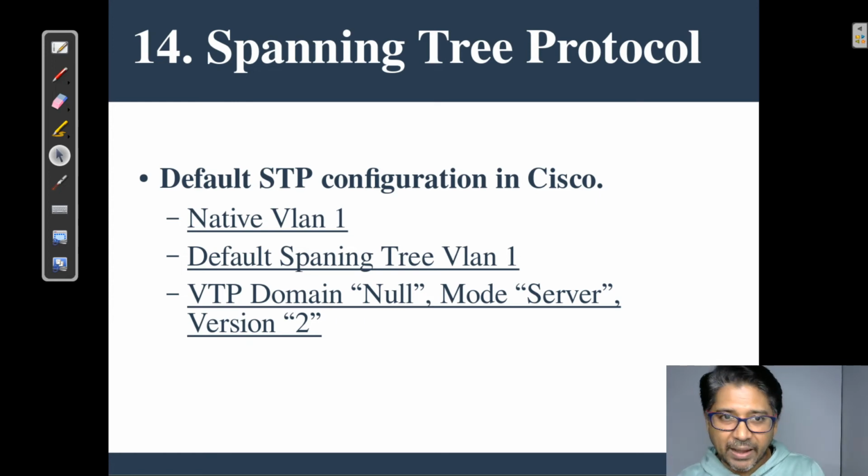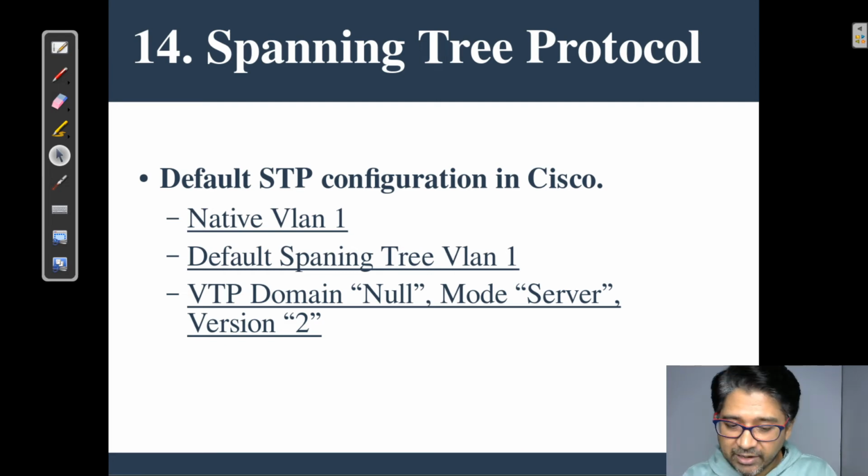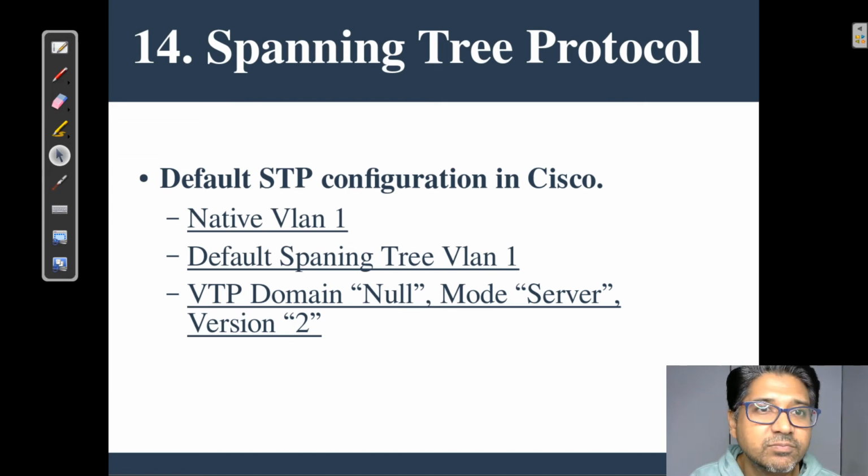They are telling you that in the package this is the default. If you want to buy something like painting or a color box, you have to buy it separately. As soon as you buy a switch, there is a spanning tree running by default. The default spanning tree, there is a default thing already available.